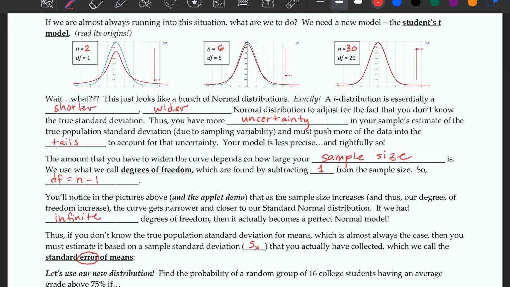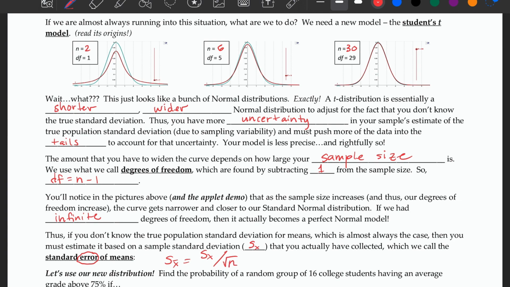So the formula for that, we're going to call it S sub x bar here. So this is the standard error of means. X bar, remember, is a sample mean, and it is equal to the standard deviation of the sample, S sub x, divided by the square root of n.